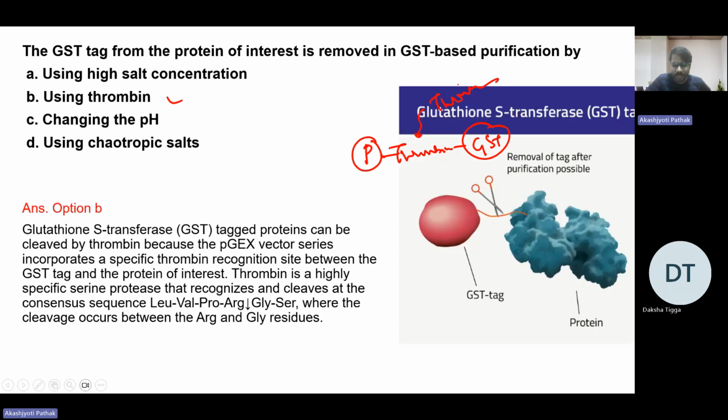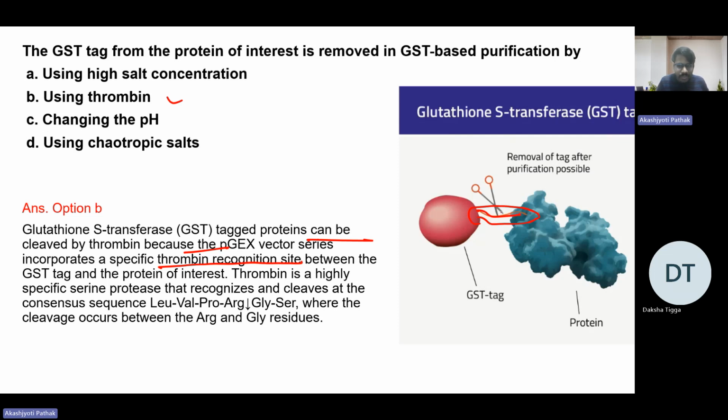Okay, so see this figure. You see that this glutathione S-transferase tagged protein can be cleaved by thrombin. Why? Because the pGEX vector series incorporates a specific thrombin recognition site.